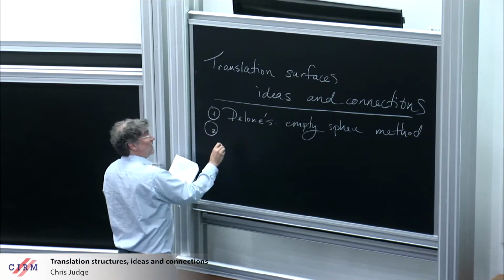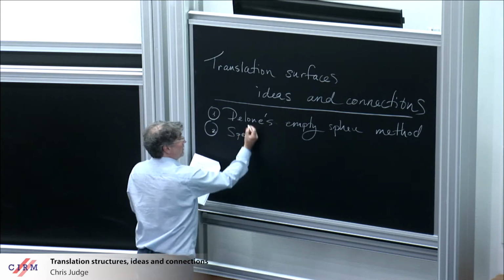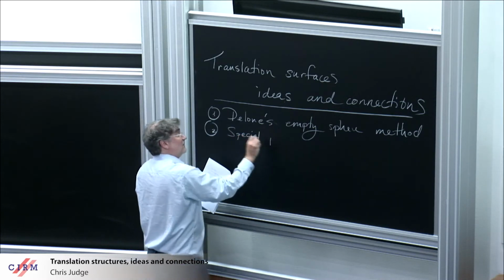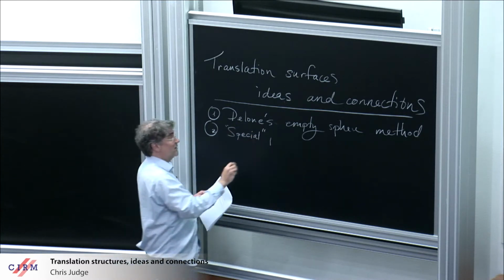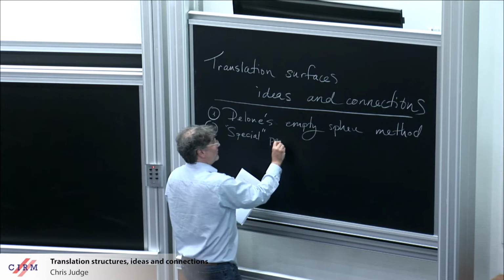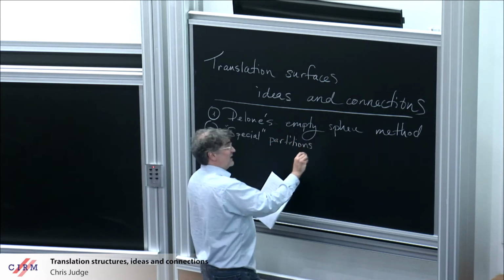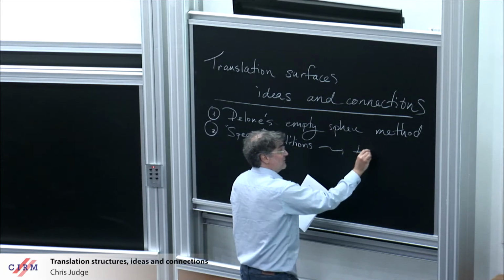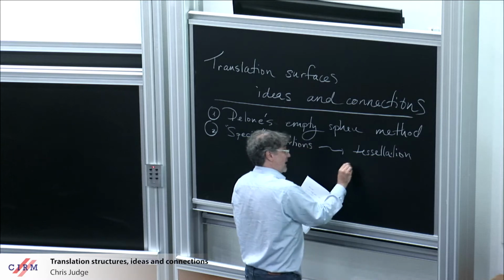Step two, I want to look at the special partitions. This is Delaunay's word. Of course, it was in French when he wrote it. And the special partitions actually lead to a tessellation of the hyperbolic plane.